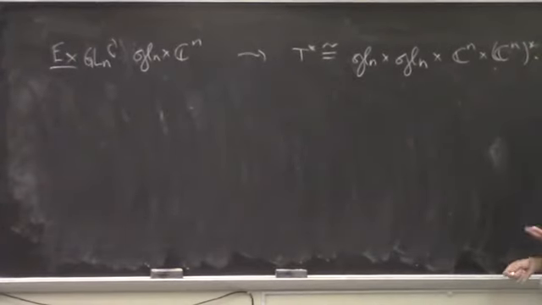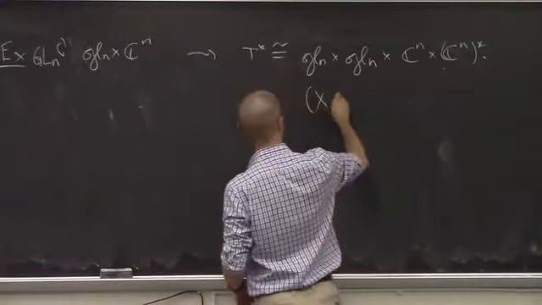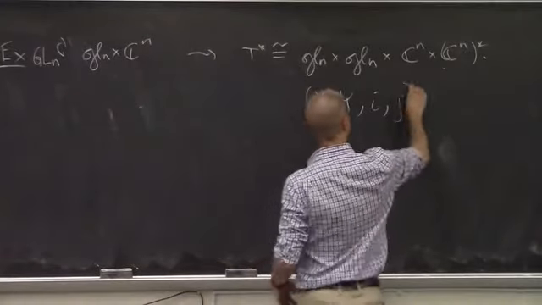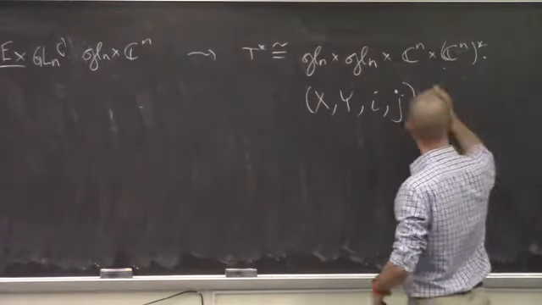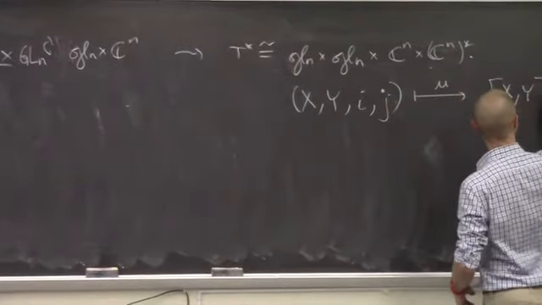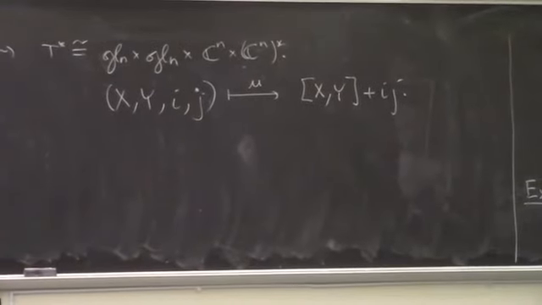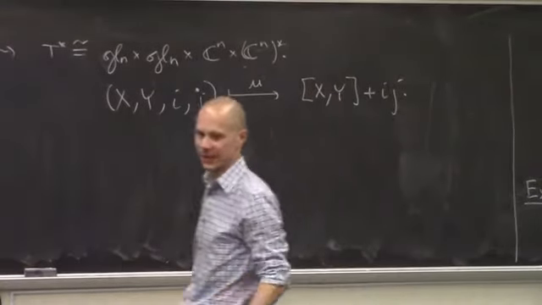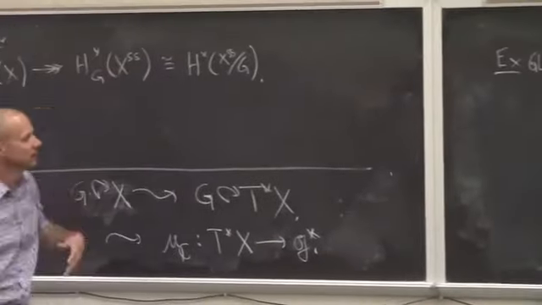Let me write it this way. n by n matrices are the same as their dual, even equivariantly. So I have two n by n matrices, a vector and a covector, or a column and row vector. And now the moment map, if you calculate it in this situation, takes that quadruple to the commutator of x and y plus ij. It's just a calculation. So it's something quite linear algebraic.